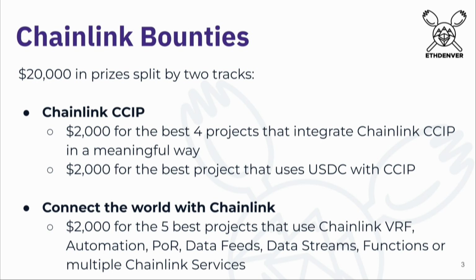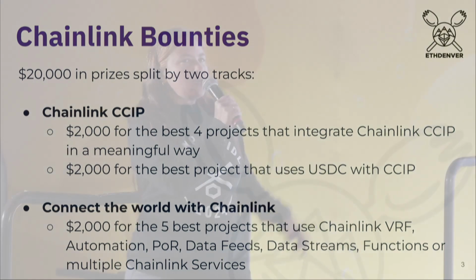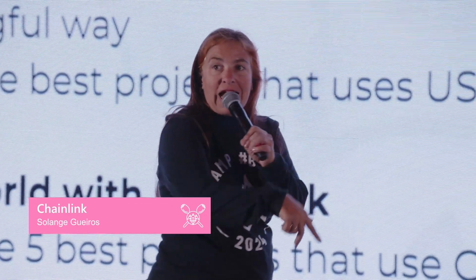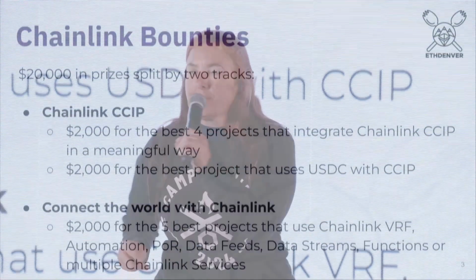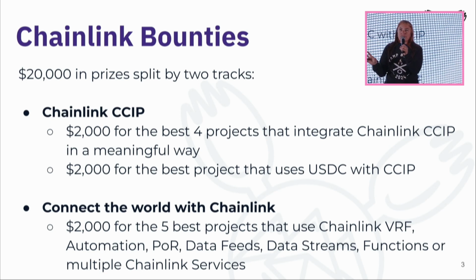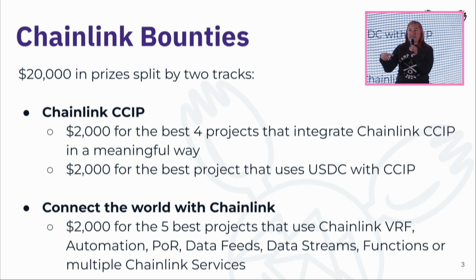So these are our bounties today here at the ETHDenver hackathon. We have two kinds of prizes. First is using CCIP, and I'm teaching you how to use CCIP. We have 2,000 for the best projects and 2,000 more for someone that uses CCIP and USDC.